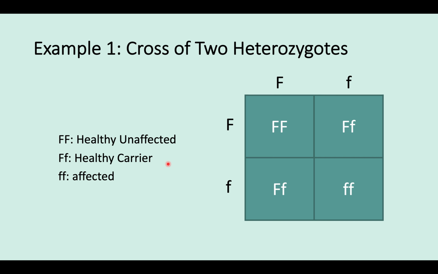So basically, 25% of this population, or these 4 children, is going to be healthy and unaffected. 50% are going to be healthy carriers of the disease that can potentially pass this down. And then we're going to have fully affected individuals here, which represent the last 25% of the disease.